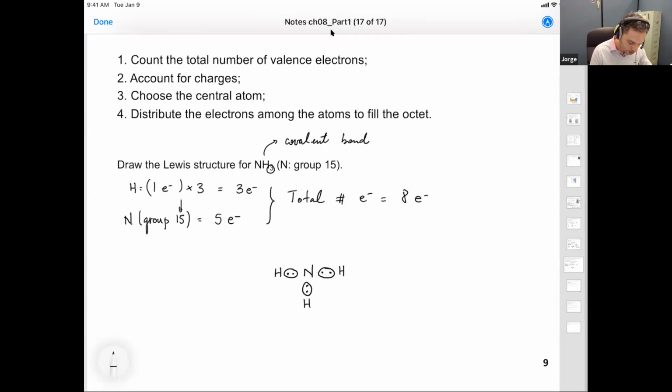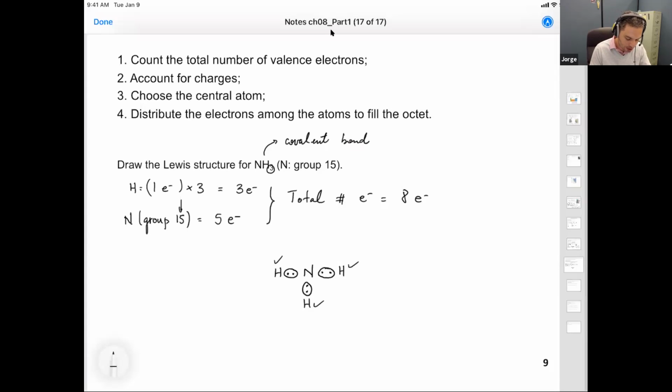We have 2 electrons for this hydrogen, so that's enough to achieve stability for this hydrogen. The one at the bottom, 2 electrons, that's good enough. And then the one on the right, 2 electrons, so that's good for the hydrogens. So all the hydrogens are happy.